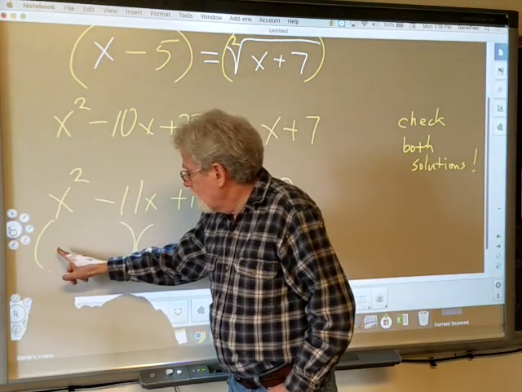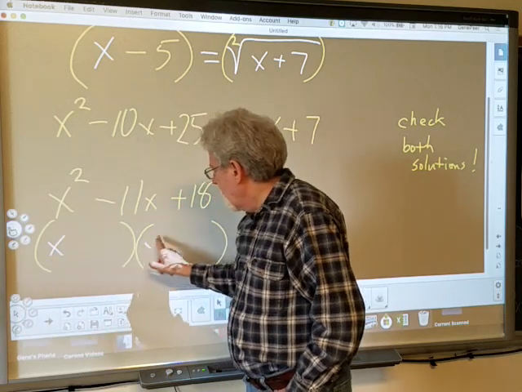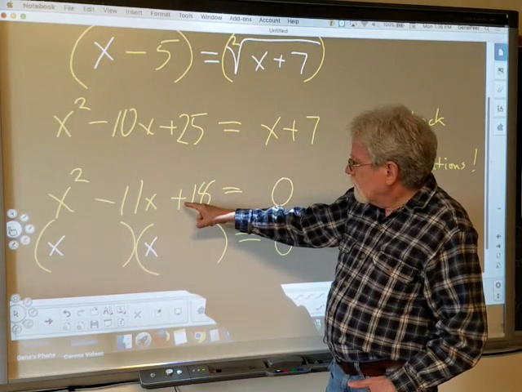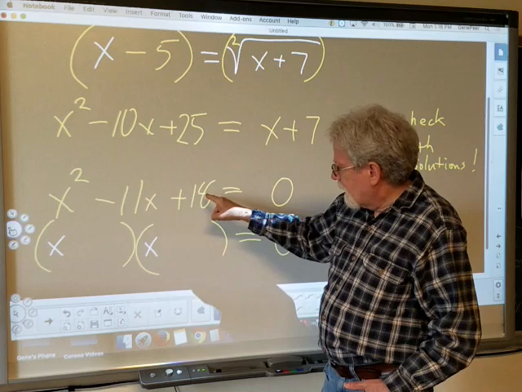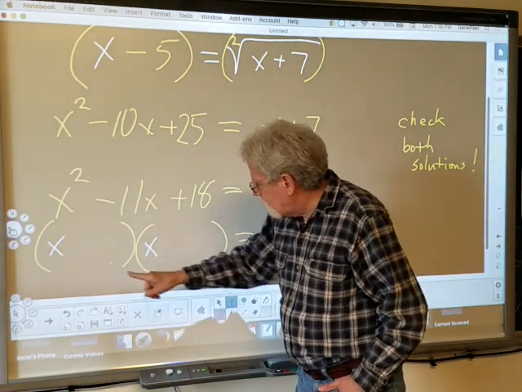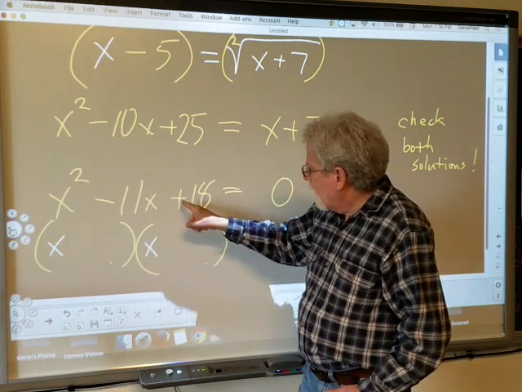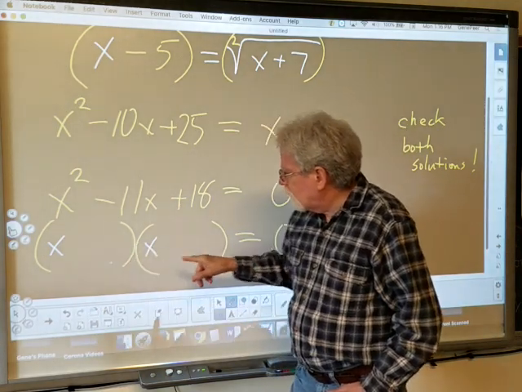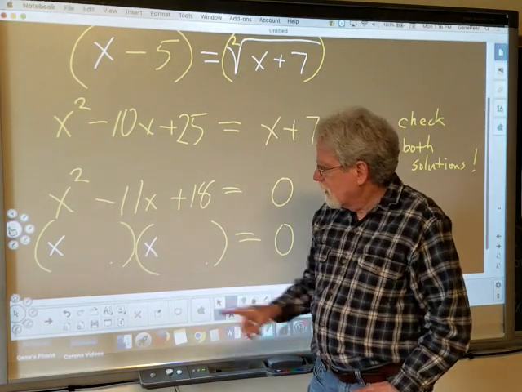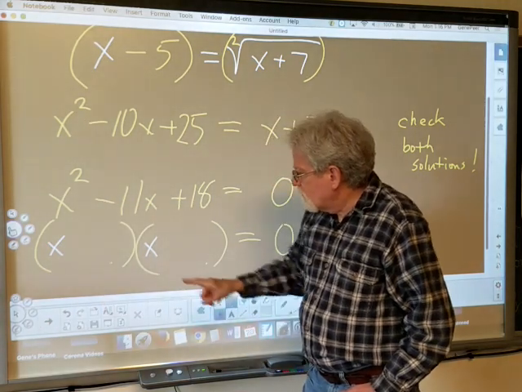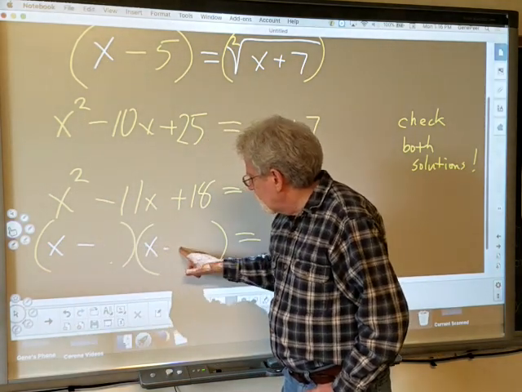To get the x squared, it's got to be x times x. To get a positive, remember, the last term here comes from multiplying the last times the last. FOIL, lasts, okay? To get a positive, either they're both going to be pluses or they're both going to be minuses. Well, this guy being negative says they must both be minuses. So we're going to subtract a couple things.